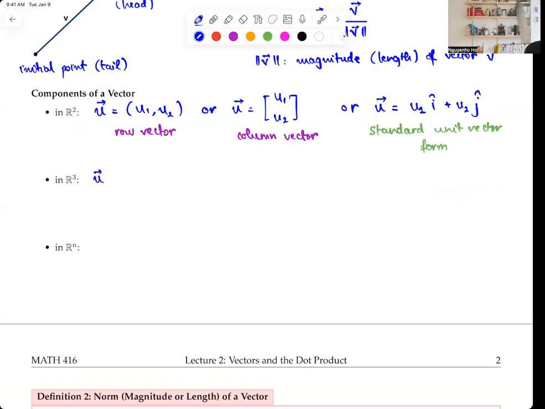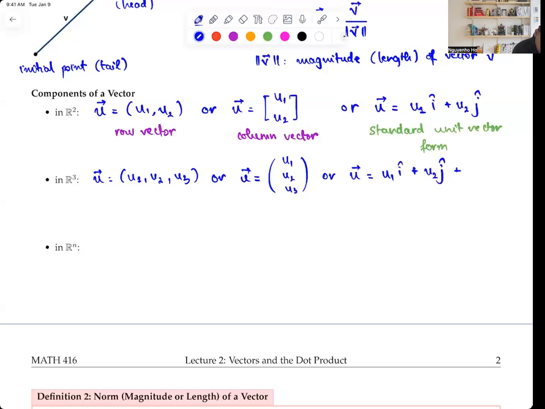So you can write u equal to (u1, u2, u3), either as a row or a column vector, or you can describe the vector u as u1 times i hat plus u2 times j hat plus u3 times k hat.